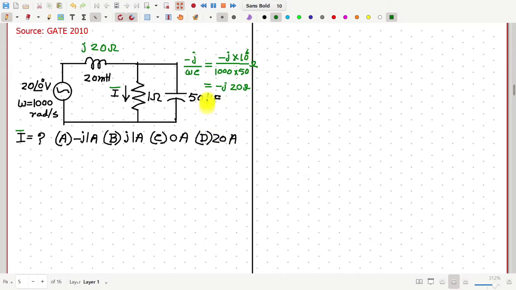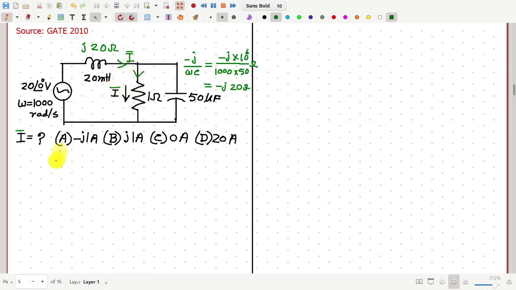Now you watch that the impedance of this capacitor is much larger in magnitude compared to that of this resistance. Therefore, the current that flows through the inductor will go almost completely through this resistor, and the current through the capacitor will be negligible. So this current can also be written as approximately equal to I bar.